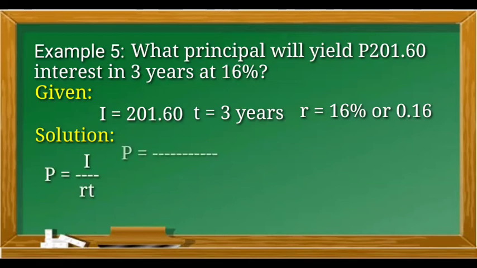We have P equals 201.60 over 3 times 0.16.